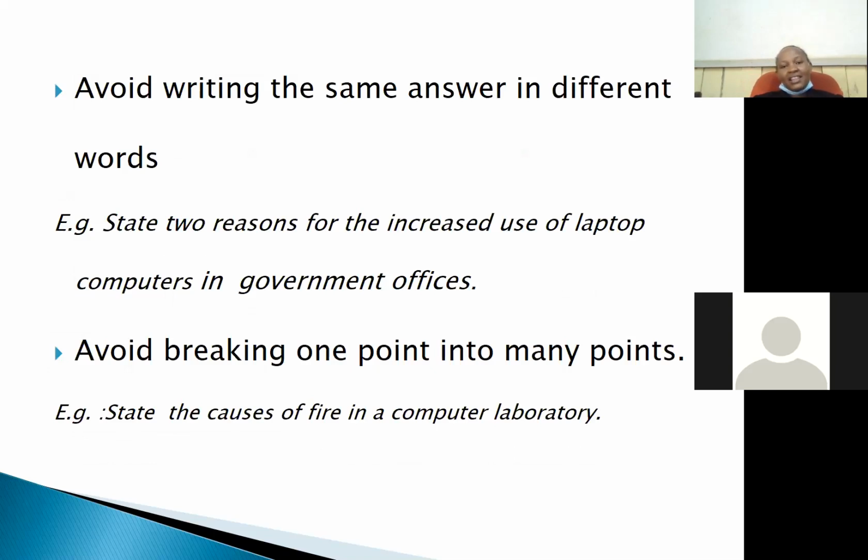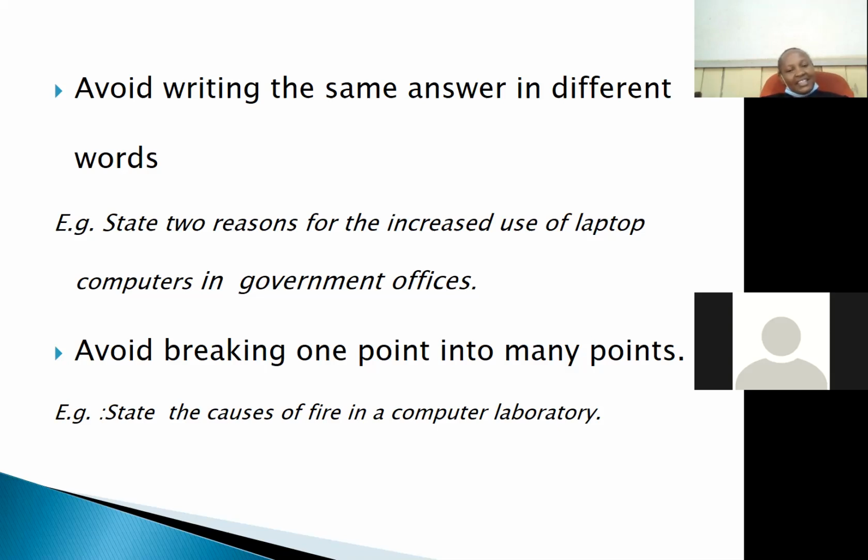Then another technique, as you answer or as you put down your points, is to avoid writing the same answer in different words. Let's say point 1, you are saying this one, and point 2, you put the same answer in different words. Let's take an example of this question: State 2 reasons for the increased use of laptop computers in government offices.